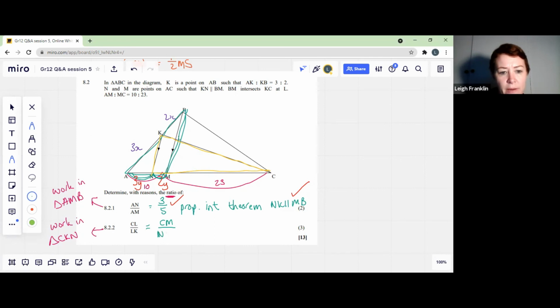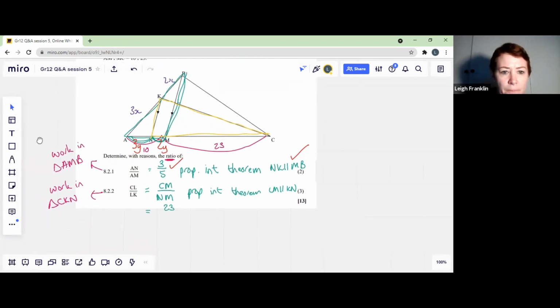Oops, it's a bad N. M. Okay, and that is because of the proportionality intercept theorem. In this case, LM is parallel to KN. So now we're going to have to go and substitute. CM we know is 23. They gave that to us.